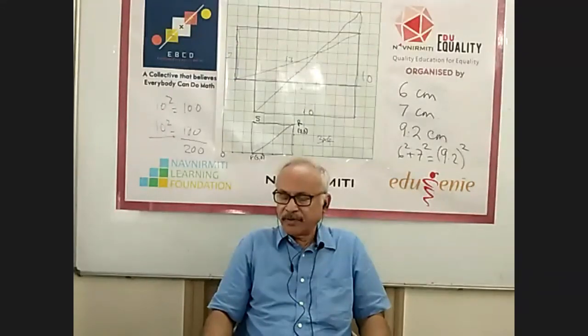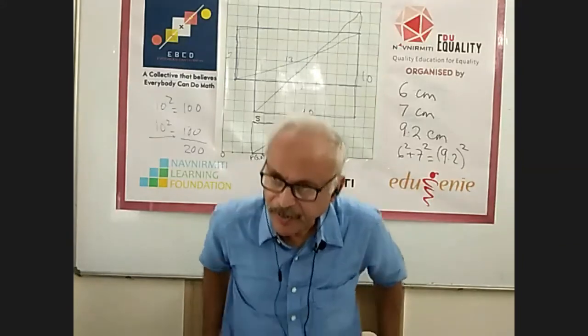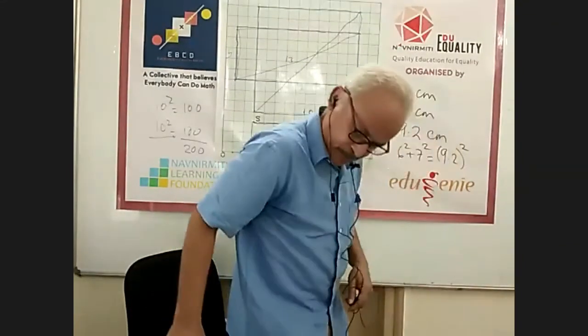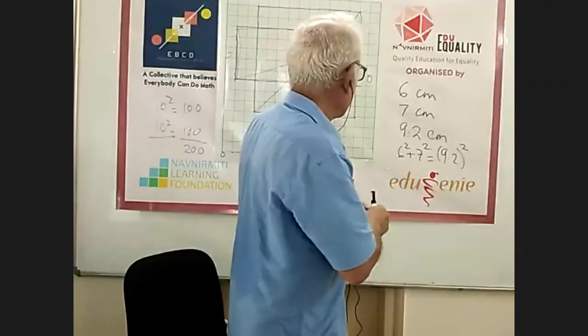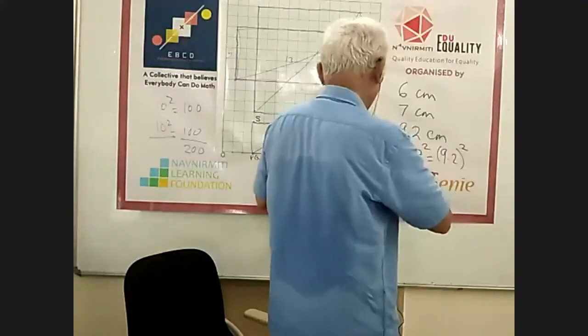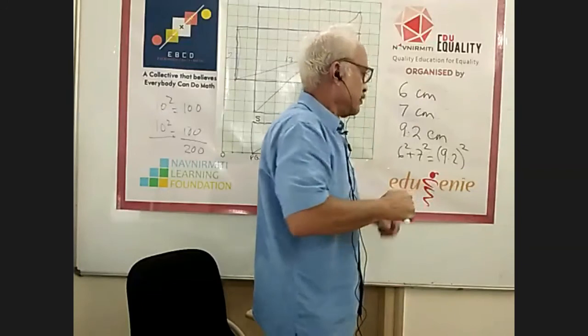That you have to draw a rectangle of 6 centimeter by 7 centimeter and measure its diagonals. Yes. I will give you the email ID. Sir, I have the WhatsApp group, so can I send the homework on it? Yes, you can also send your homework on the WhatsApp group. Okay, sir.